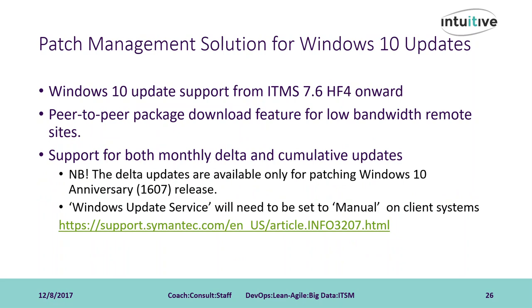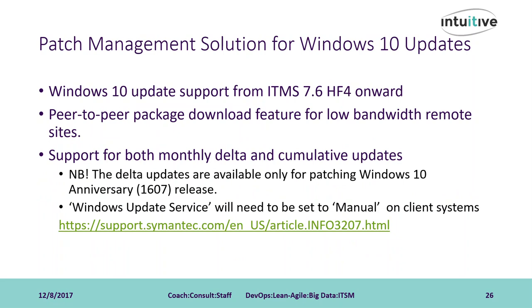A couple of caveats worth mentioning here. Firstly, the monthly Delta update packages are only available on Windows 10 versions starting from the Anniversary Edition, 1607. This is actually the last, or oldest, supported version of Windows 10 that we saw in the previous slide.